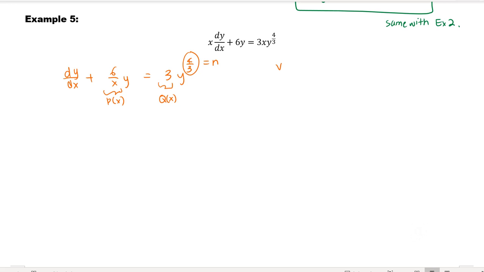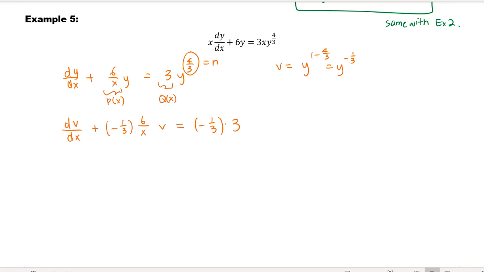Okay, so v is y to the 1 minus n, so 1 minus 4/3. That is y to the minus 1/3. And then our formula: dv/dx plus 1 minus n, which is minus 1/3, times p, which is 6 over x, times v, equals 1 minus n, which is minus 1/3, times q.